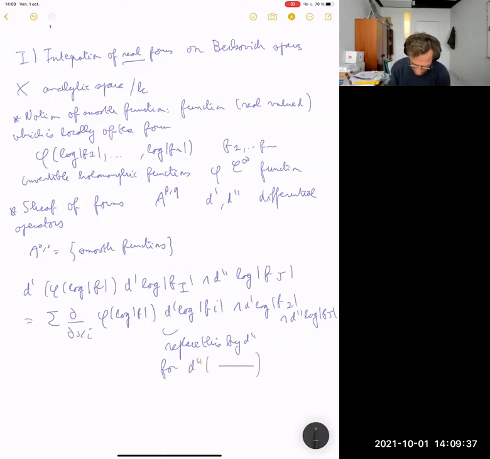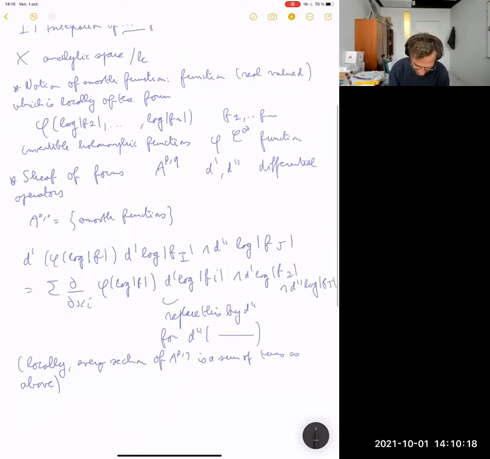So I don't pretend to give a precise meaning, but we have these two differential operators and this complex of forms, and in fact locally every section of A^{p,q} is a sum of terms as above. So basically everything is built from smooth functions and by iterating derivations, d' and d'', and by making the sum of such terms.